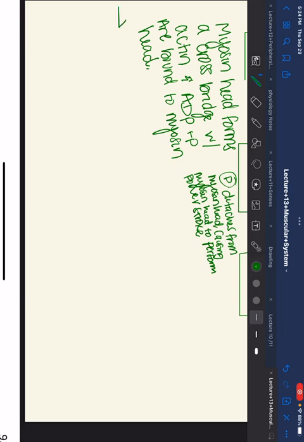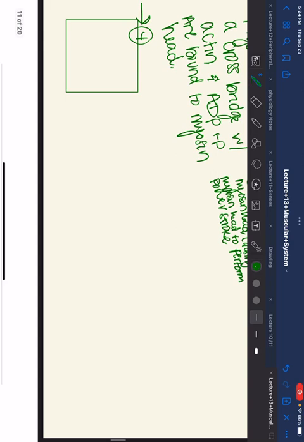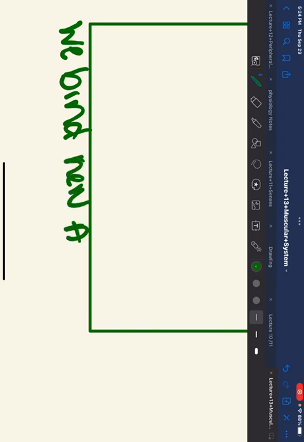So in step number 4, we bind a new, or a fresh, ATP to the myosin head to break the cross bridge.